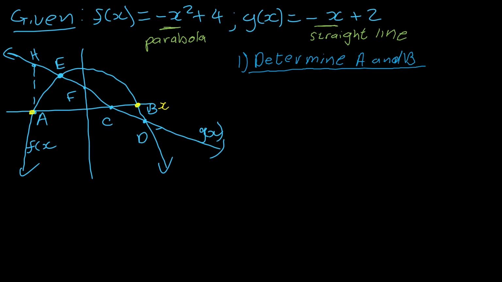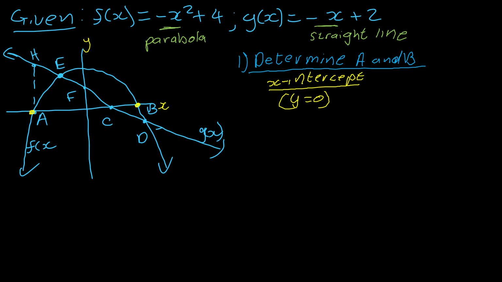And because that is why it cuts through your x-axis, you immediately know that these are x-intercepts. And because they're x-intercepts, immediately you need to know that your y value is going to be 0.